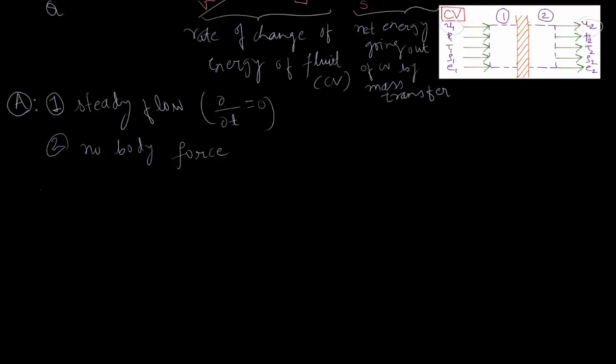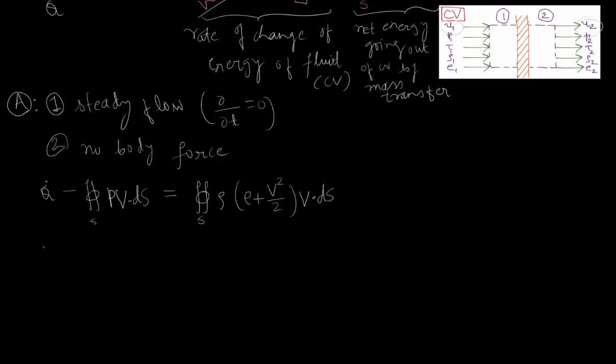So finally our equation will become Q dot minus double integration P V dot ds is equal to double integration over the whole surface rho into E plus V square by 2 into V dot ds.